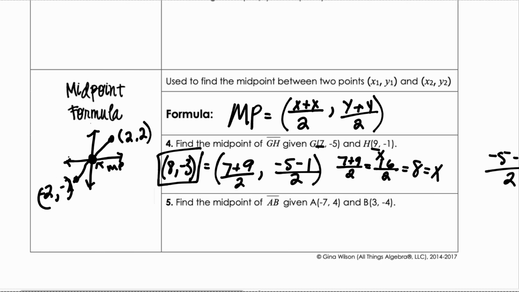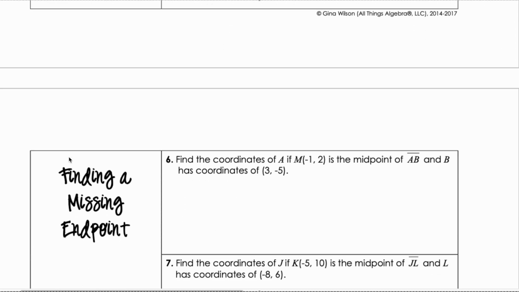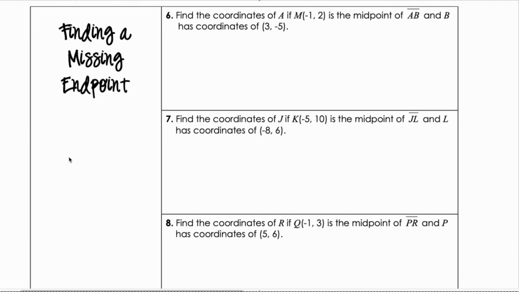All right, let's look at another application that we can use our midpoint formula for. So we can use our midpoint formula to find a missing endpoint, okay? So let's say, like the example we had before, when I drew that coordinate plane, and we had the 2, comma 2, and then we have the -2, comma -2, right? And we knew that our midpoint is the origin in this case, okay?